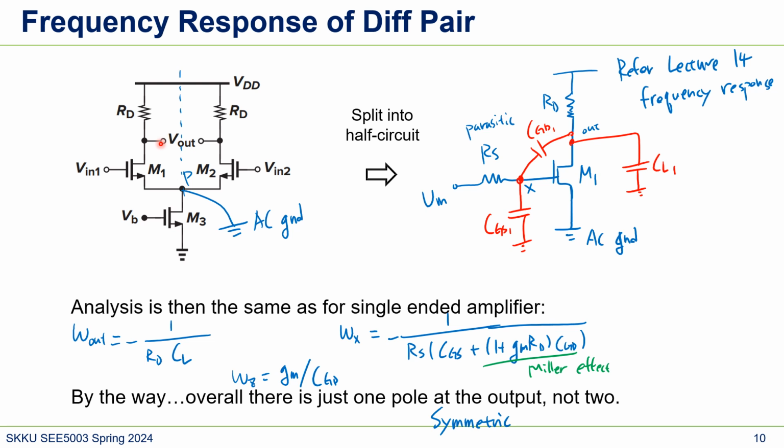Even though there are two nodes, since this half and this half operate exactly the same, we can consider that we only have one output pole. I'm not saying there is a single node; we do have an output pole at each node, but they have the same frequency and work the same.